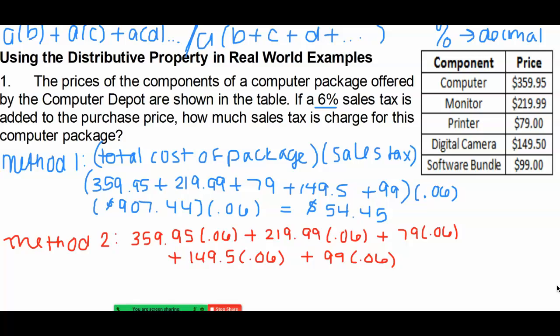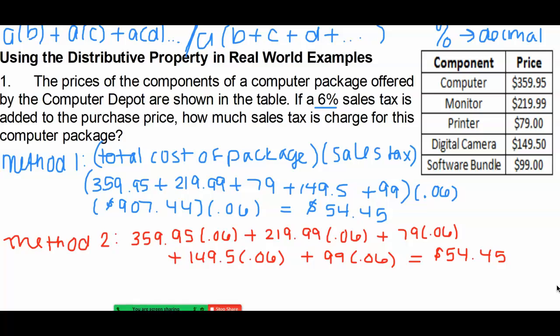Multiplying all of those individual numbers together and getting the cost of the sales tax, which is 54.45. In this case, clearly method 1 is less likely to make mistakes. However, method 2 isn't wrong.